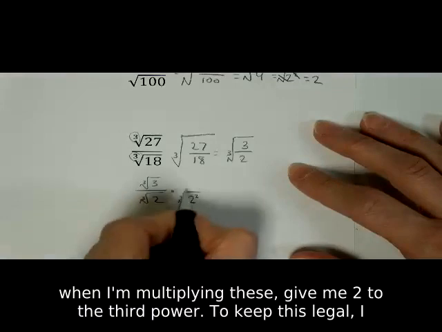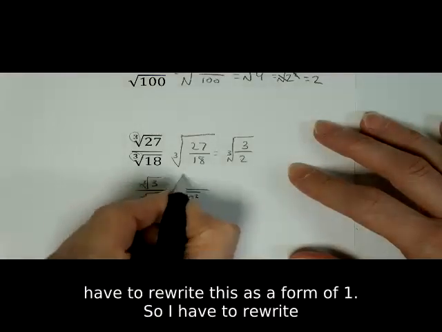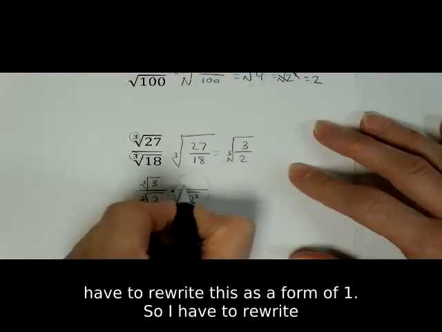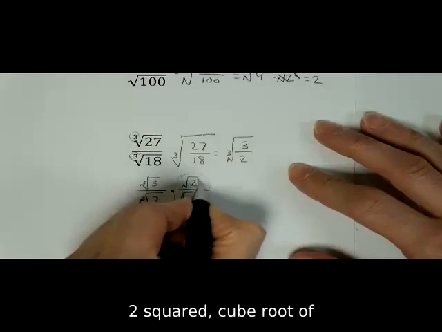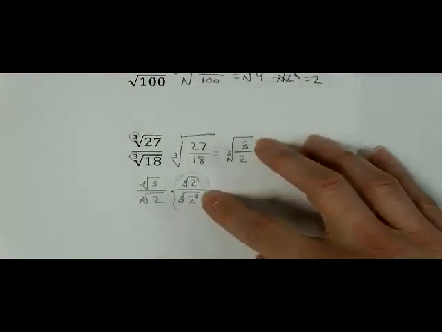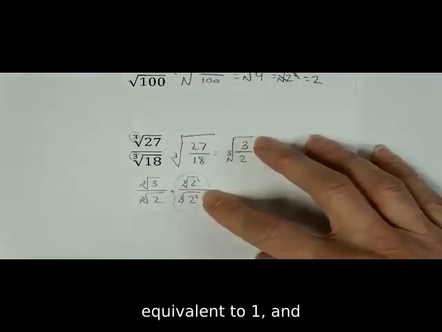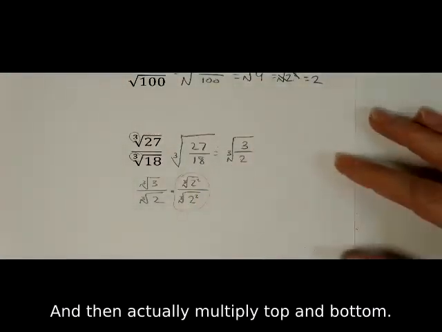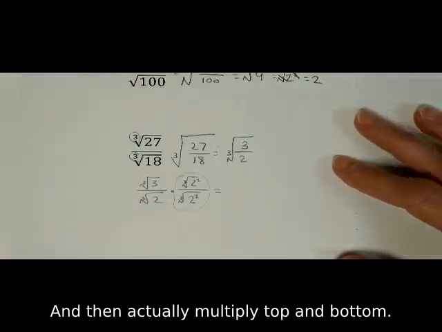To keep this legal, I have to rewrite this as a form of 1. So I rewrite cube root of 2 squared over the cube root of 2 squared, which is again equivalent to 1. And then actually multiply top and bottom.